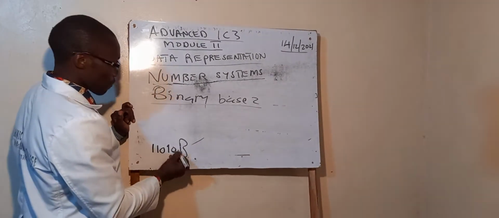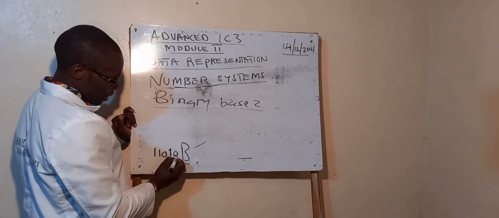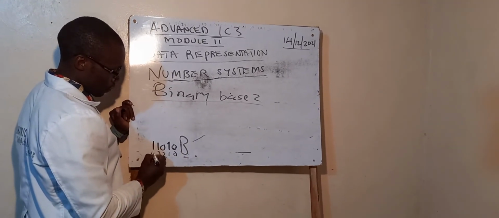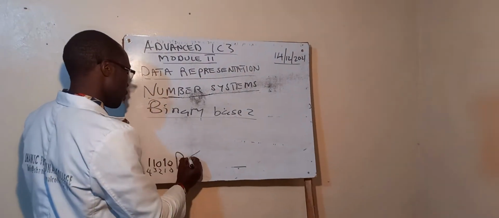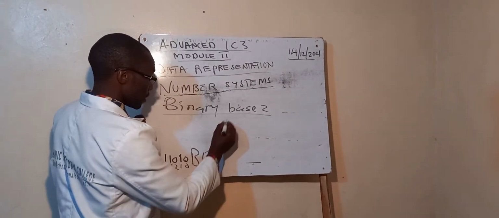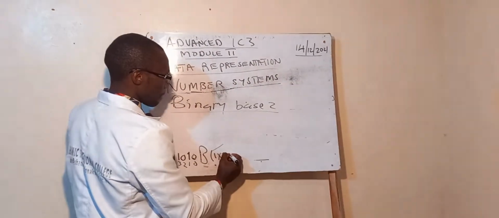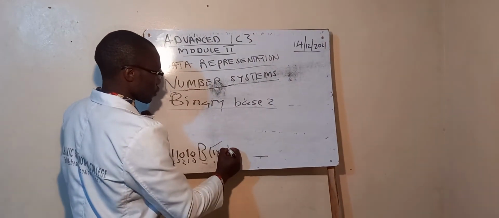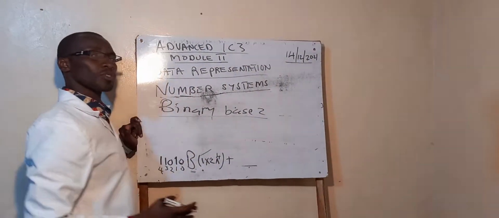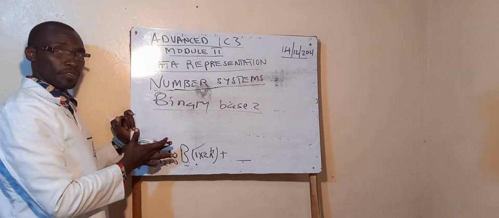That is, from the rightmost, we assign this 0, 1, 2, 3, 4. So we get 1 times the base 2, powered by the positional notation 4, add, just as we have been doing the rest from above.